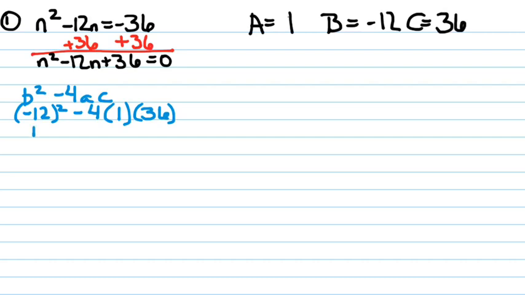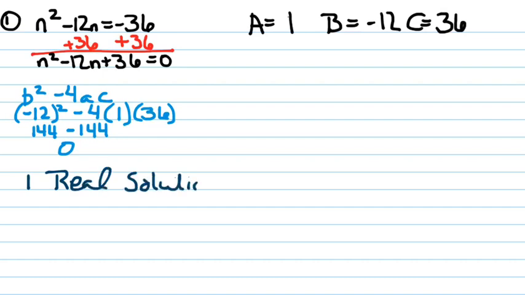So 12 squared is 144, minus 4 times 36, which is 144. And so we have 0. So that means that we have one real solution. So my discriminant is 0 and my number of solutions is one real solution.